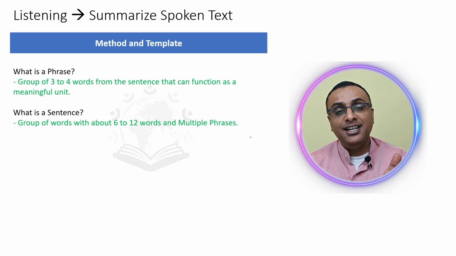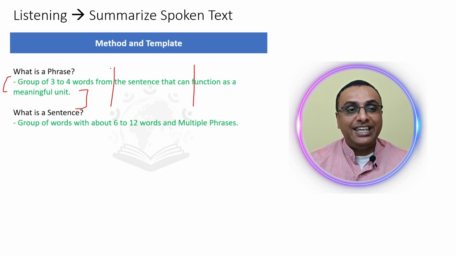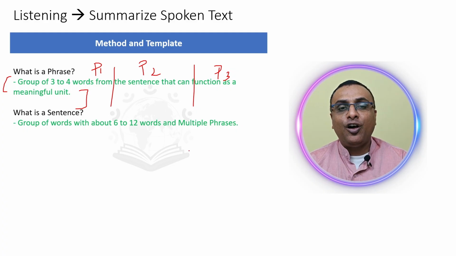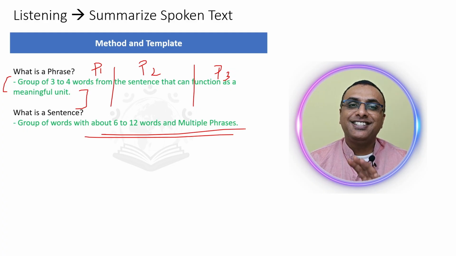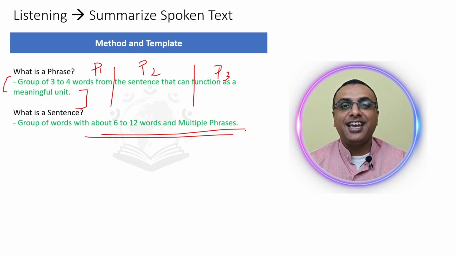That is the definition of a sentence. Now let me give you a quick example. This is a sentence. What happens if you break this down into multiple pieces? Each piece will become a phrase: phrase 1, phrase 2, and phrase 3. If you combine all of these phrases, you will get a sentence. So this is how a phrase and a sentence are categorized.